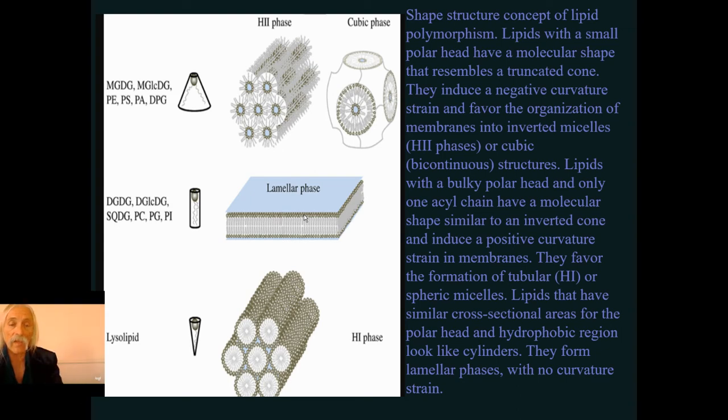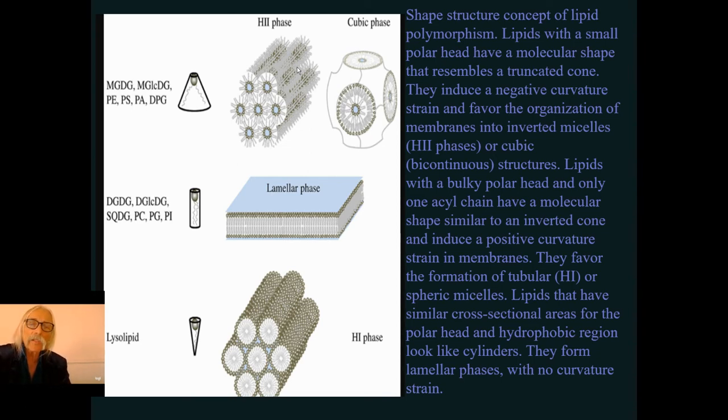And also, if you have a lysolipid, that means one of the fatty acids is missing in either the sphingosine base or the glycerol lipid base, you're going to generate something called the hex 1 phase, right? Which, instead of having this huge core here and then all the acyl chains spilled out, what you get here is much more tightly packed with an inner, much more defined and refined region of an aqueous compartment.